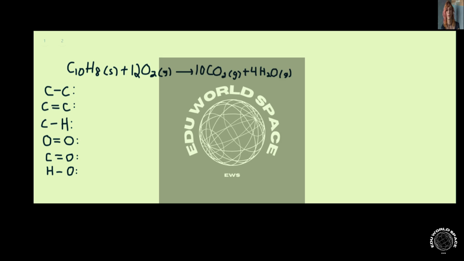So we're going to look at our table. For C-H, it's 413 kilojoules per mole. For C-C, it's 348 kilojoules per mole.